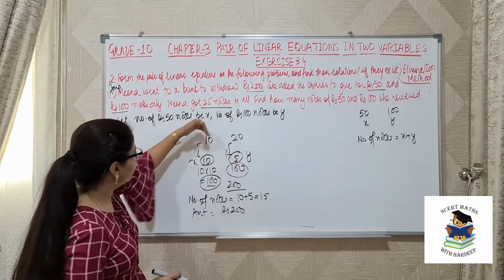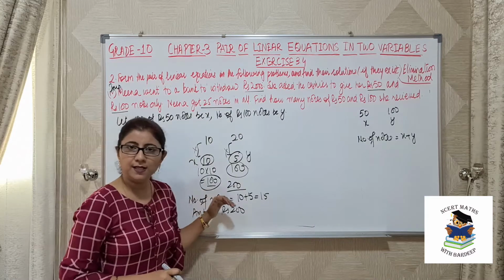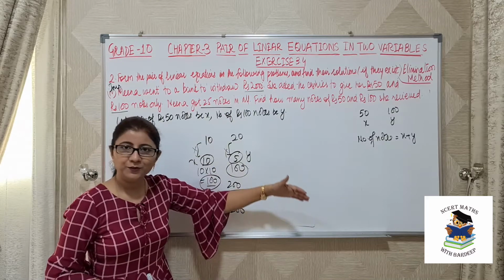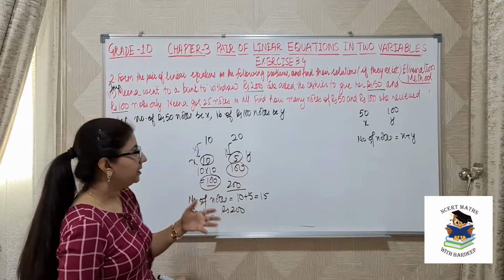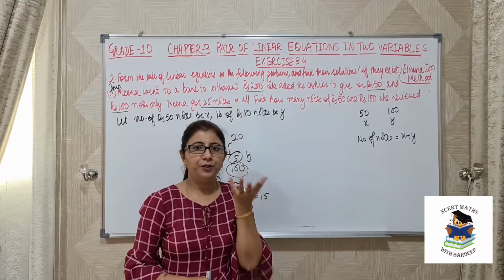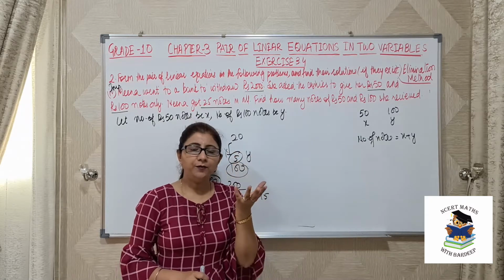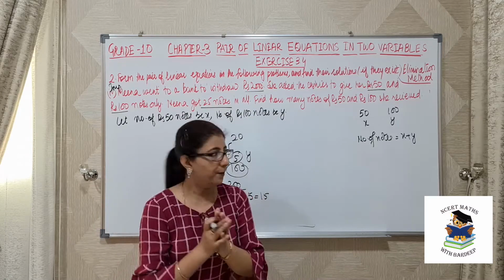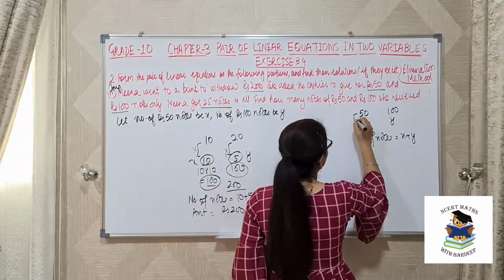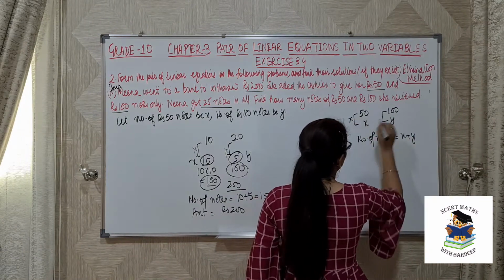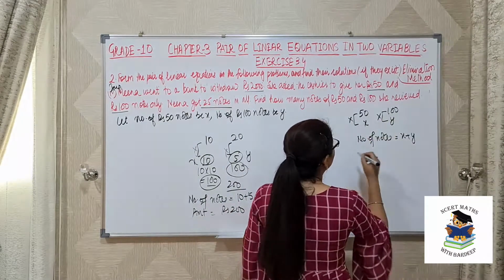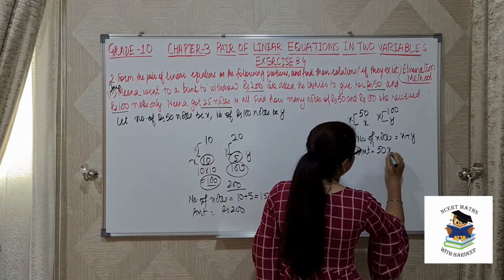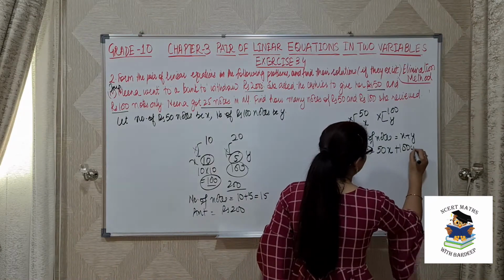So total amount will be 10 multiplied by x. That is 10 into 10 is 100. And 20 with 5 or 20 with y. So what I am trying to explain is, whatever is the denomination of your currency note, that value should be multiplied by the number of notes to find the amount. So in this case, 50 should be multiplied with x and 100 should be multiplied with y. So amount that this person is having is 50 times x plus 100 times y.